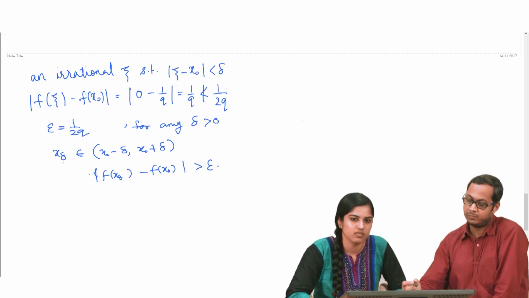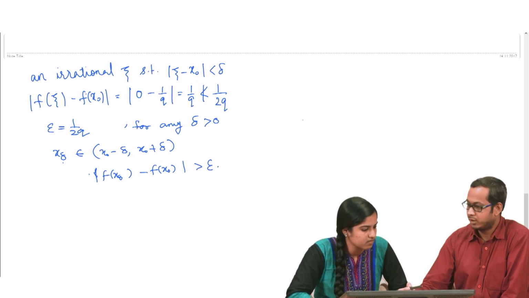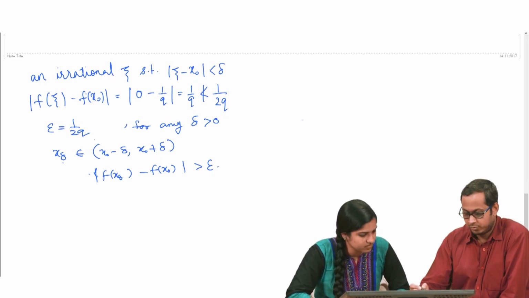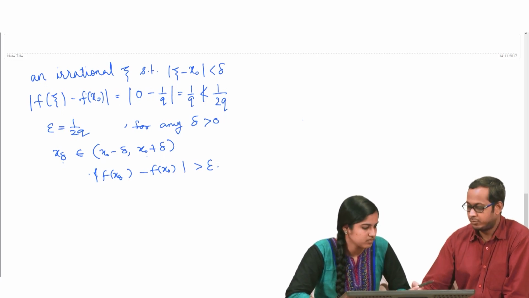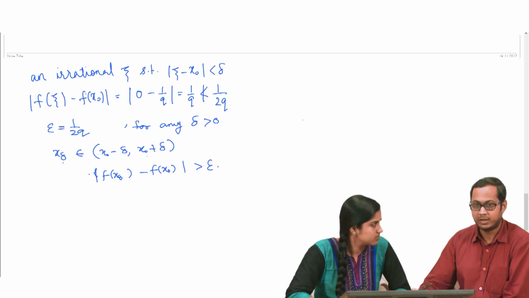So for epsilon equal to 1 by 2q, I don't have any delta which will work. So it will prove the discontinuity at rational points. So the given function is discontinuous at all rational numbers.